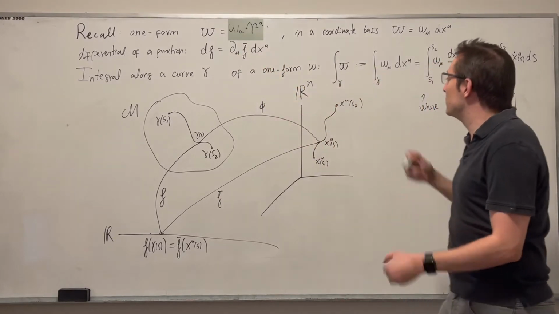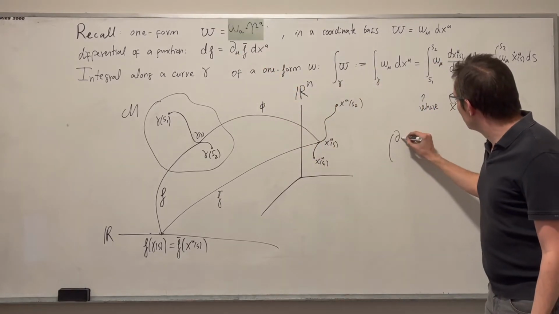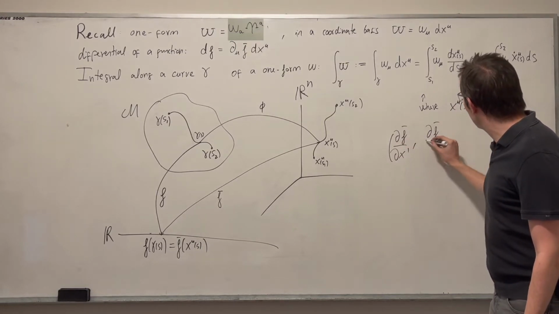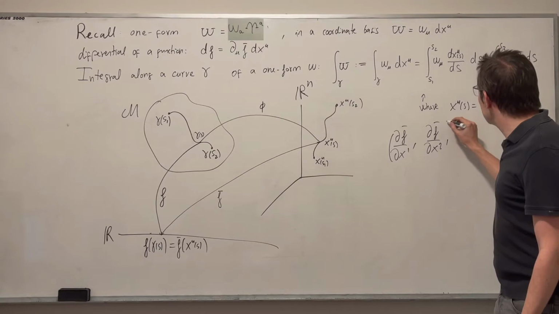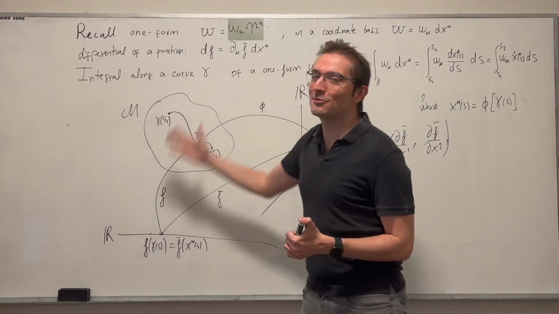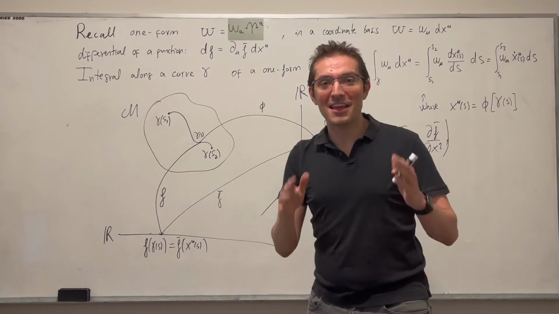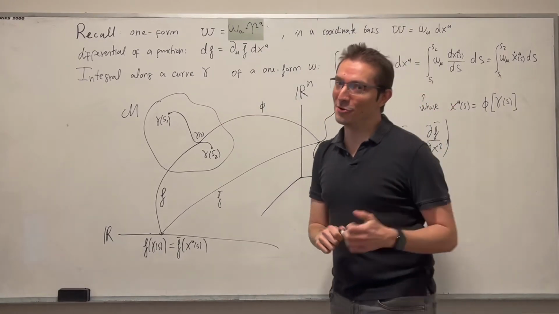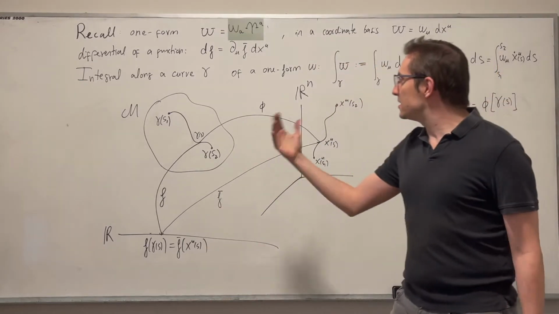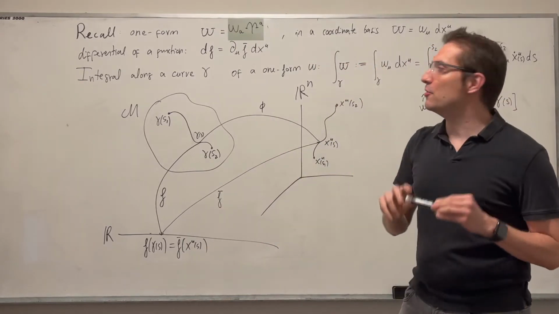The components of this covector are partial f bar over partial x1, partial f bar over partial x2, and that is what you would call the gradient. So certainly the differential of a function is the gradient. The gradient is a covector. It's a one-form. All right, we learned all that. Okay, let me erase this, and let's focus now on something new.